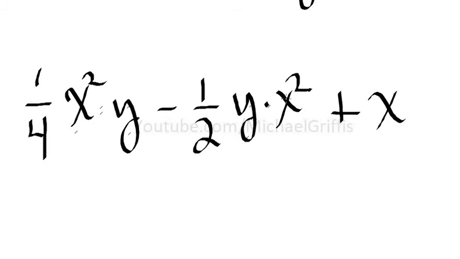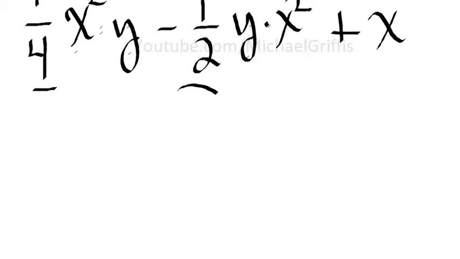So what we're going to want to do here is just do 1/4 minus a half, and that should give us a negative, negative 1/4, right? Subtract a fourth from a half, you get a fourth, but it's negative.